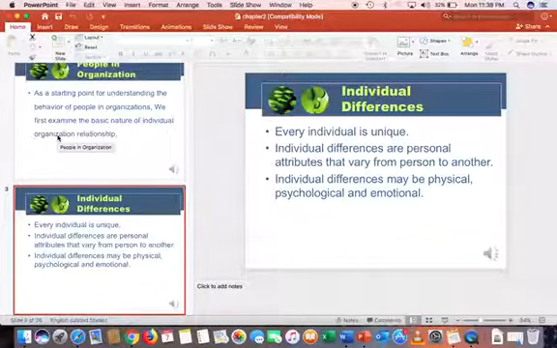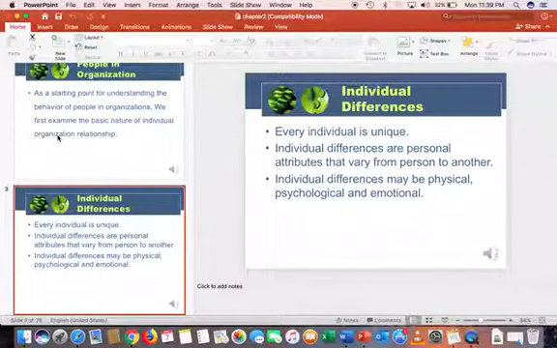As we discussed, every individual is unique. Individual differences are personal attributes that vary from person to person. While they are different from one to another, understanding them is a priority for an organization, because everyone is unique in his or her behavior.